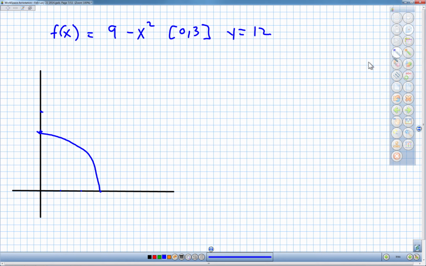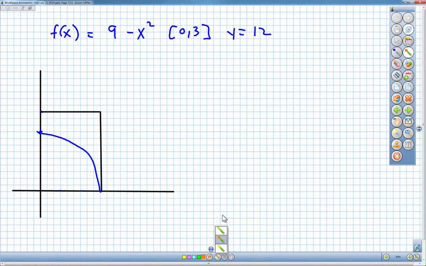And here's 12. So what we have is this area here, and what we're going to do is revolve this area about the line y equals 15.